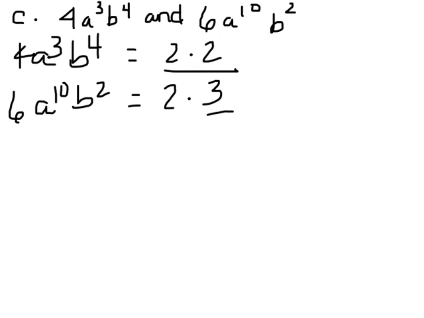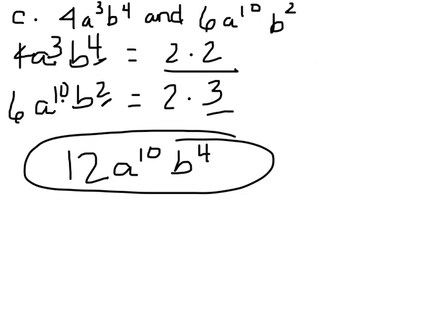So basically, 4 times 3 is 12. A to the 10th beats A cubed, so I'm going to use A to the 10th. B to the 4th beats B squared, so I'm going to use B to the 4th. That's so much easier to do it that way.